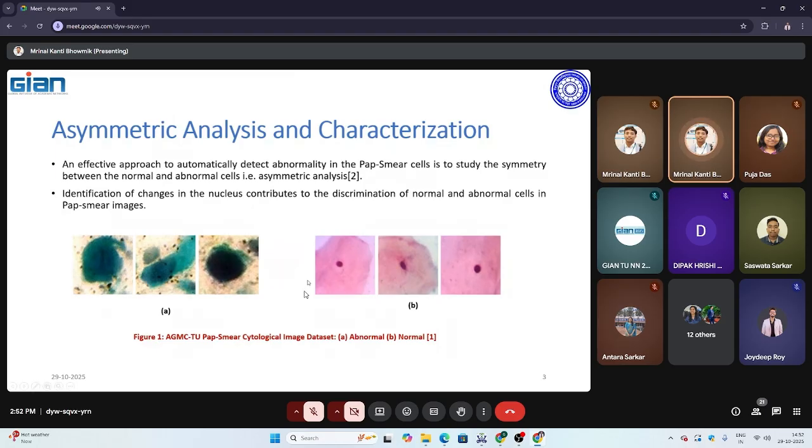These geometric irregularities represent asymmetry between these two types of cell images. By measuring the degree of asymmetry quantitatively through shape features, we can distinguish between normal and abnormal cells. Our main goal is to convert this visual difference into numerical evidence using shape-based features.